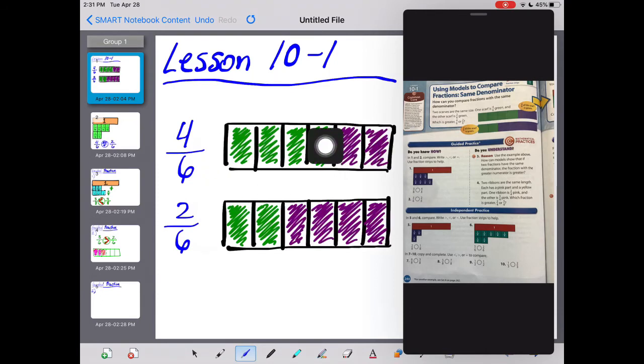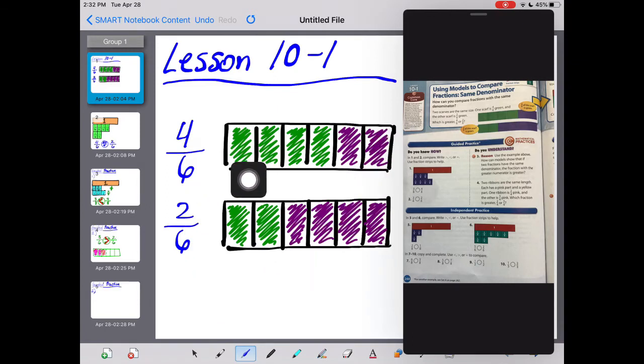How does the model help you to show that the fraction with the greater numerator is actually greater? Well, when I look at this model, it shows visually that there are more equal pieces covering the whole.